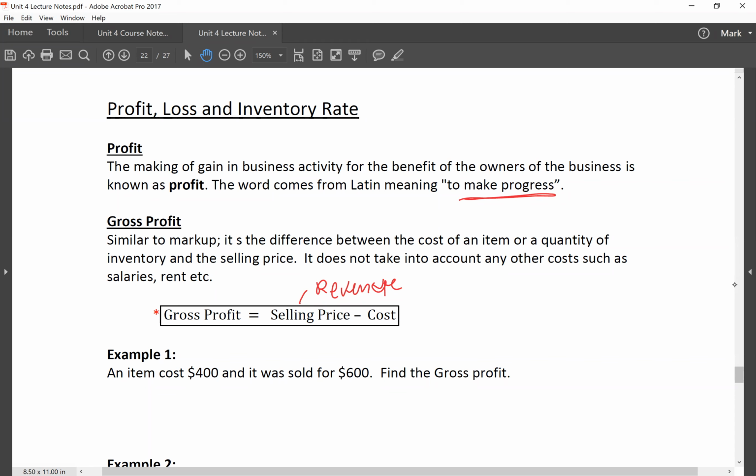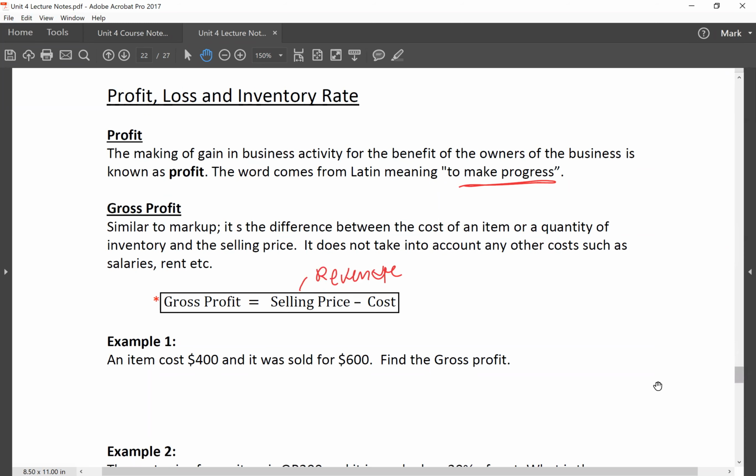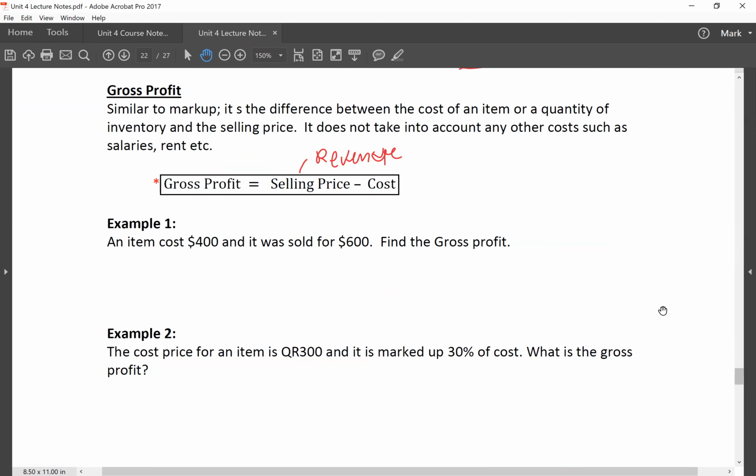It's how much money you made in your pocket, how much money you earned by selling the item or items, minus how much the items cost. So example number 1, very, very simple. An item cost $400 and it was sold for $600. What is the gross profit? Hopefully you don't even need a formula for that.